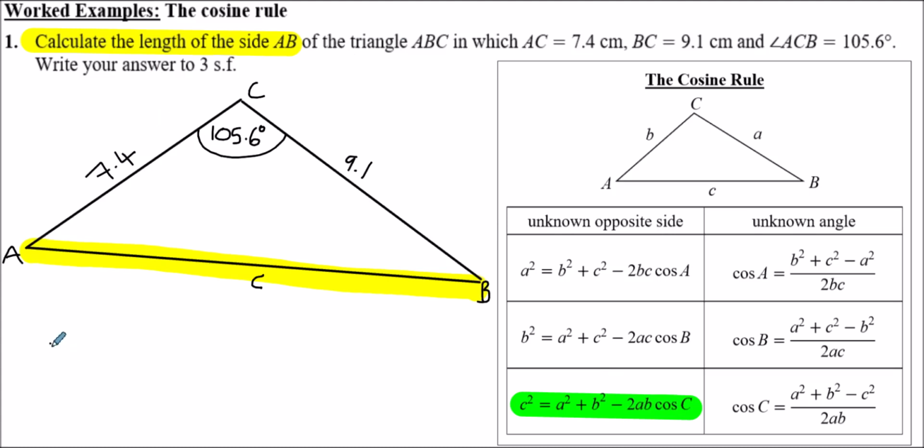Side C is going to be the square root of A squared plus B squared minus 2AB cos C. So this is going to be side A, and that's going to be side B.